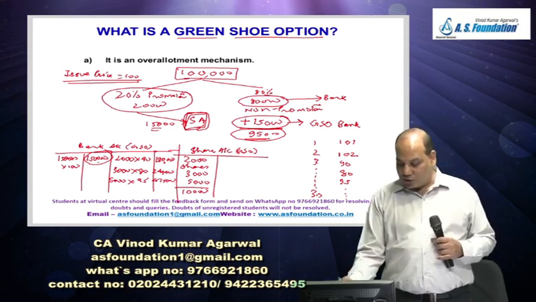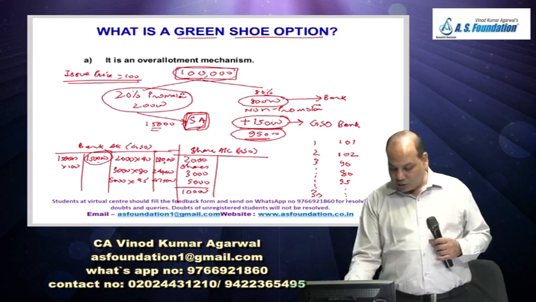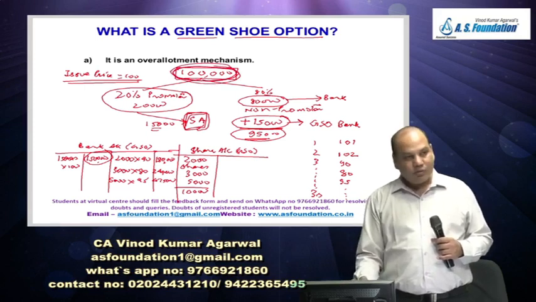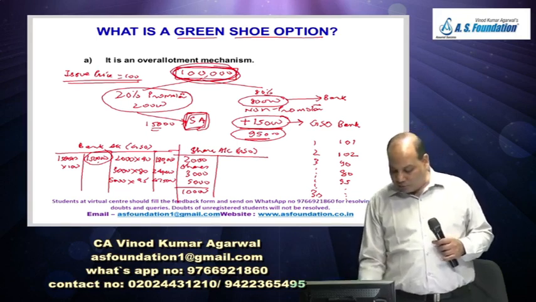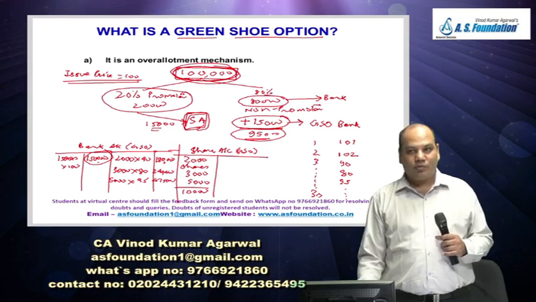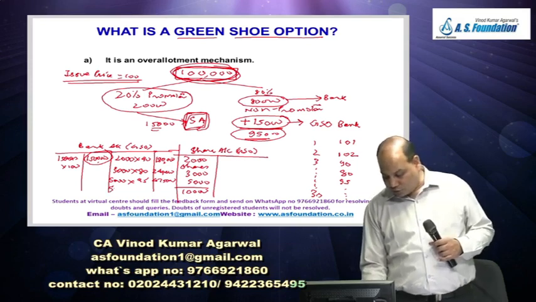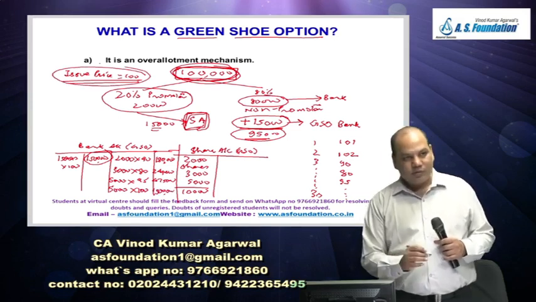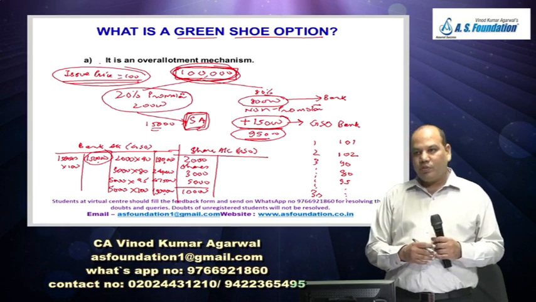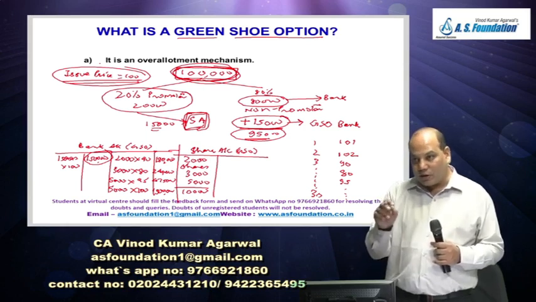That 5,000 shares the company will issue to the promoter, and the payment will be made out of the GSO account. So 5,000 shares will be issued at what price? Issue price. 5,000 shares will be issued to the promoter by the company.